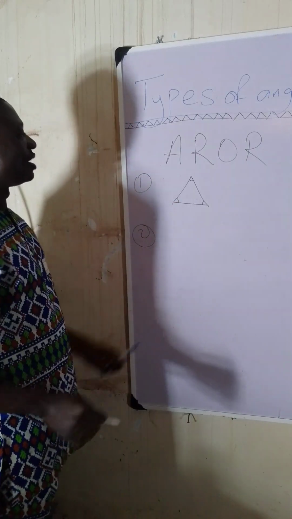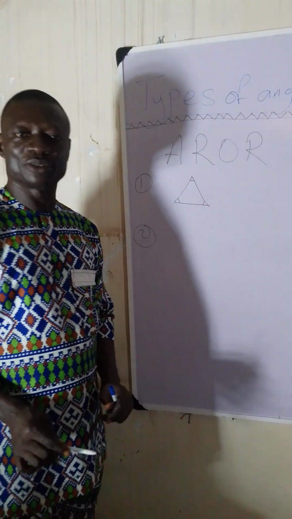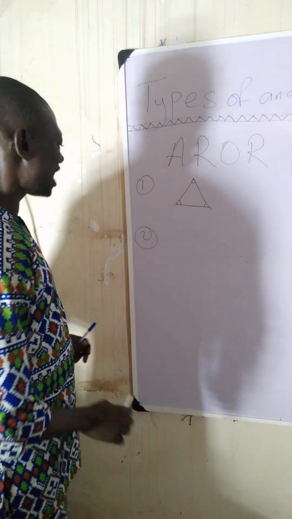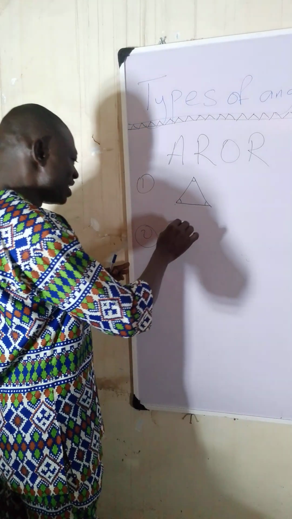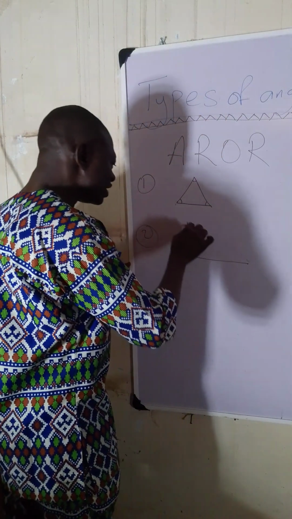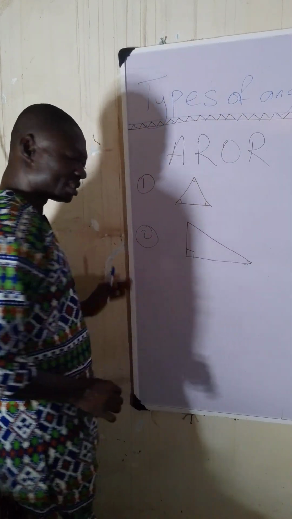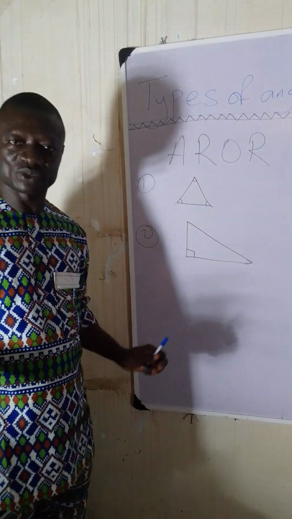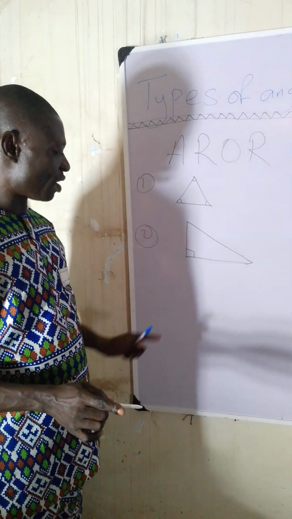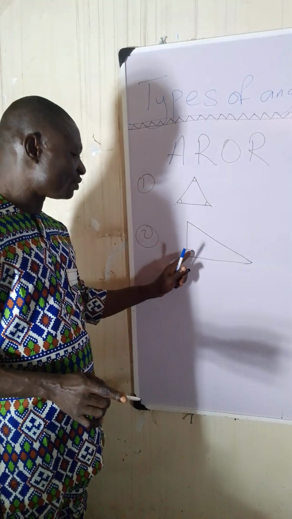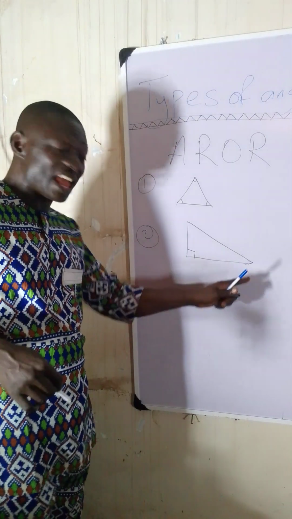Number 2, right angle triangle. When we have a right angle triangle, it means that one of the angles is 90 degrees. It cannot be that all are 90 degrees because we have 3 angles. So we cannot have two 90 degrees in a triangle.